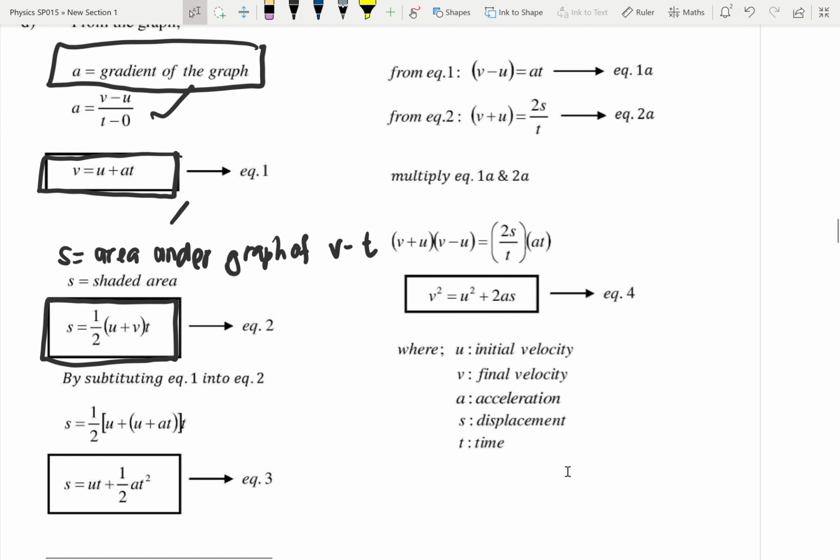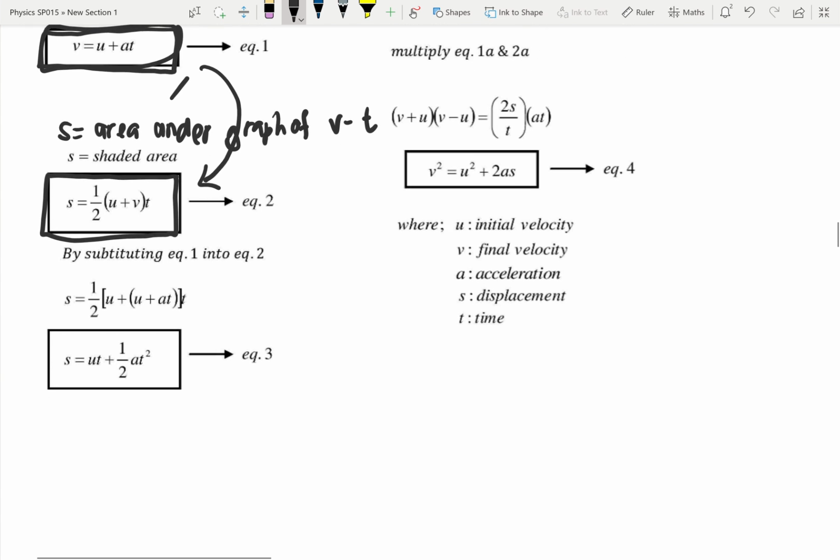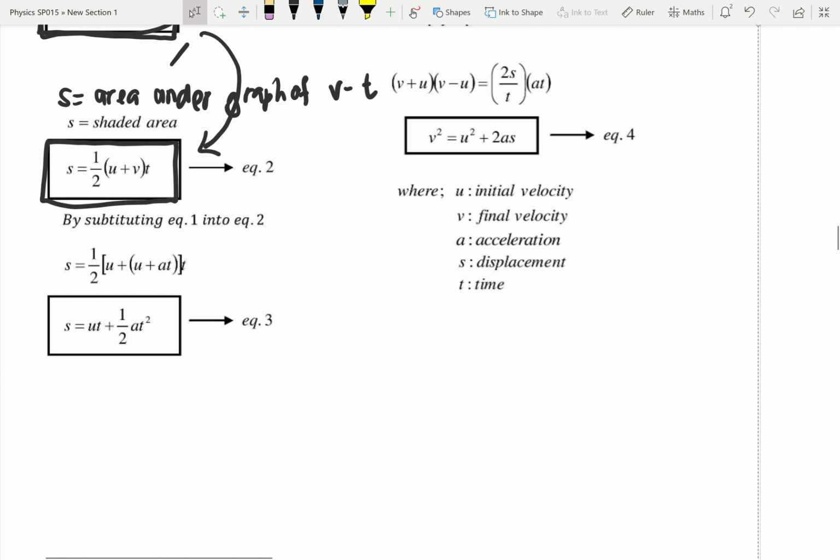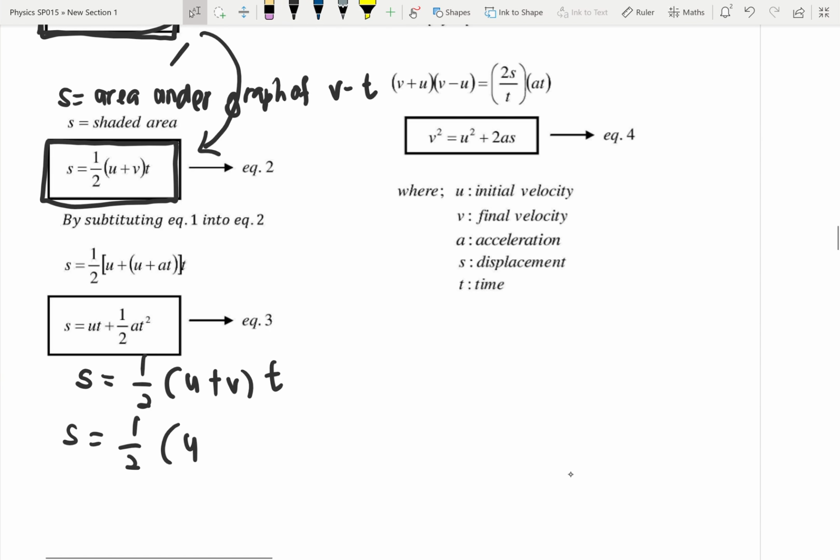We substitute v equals u plus at into s equals half of u plus v times t. Let me show you. Equation 2 is s equals half of u plus v times t, and equation 1 is v equals u plus at.